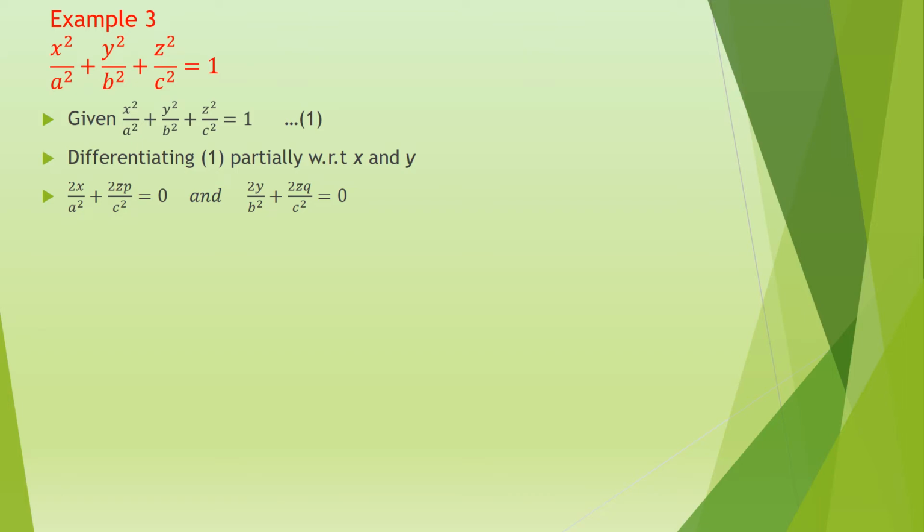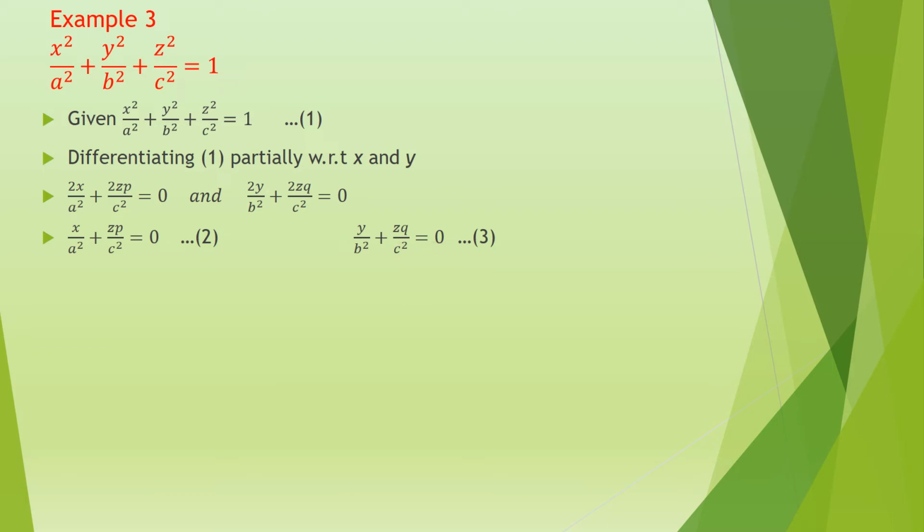So we get 2y by b square plus 2zq by c square equal to 0. Now 2 is common, so we take it outside and cancel with the right hand side. So we get x by a square plus zp by c square equal to 0. Let us give it as equation 2. Similarly, y by b square plus zq by c square equal to 0. Let us denote it as equation 3.